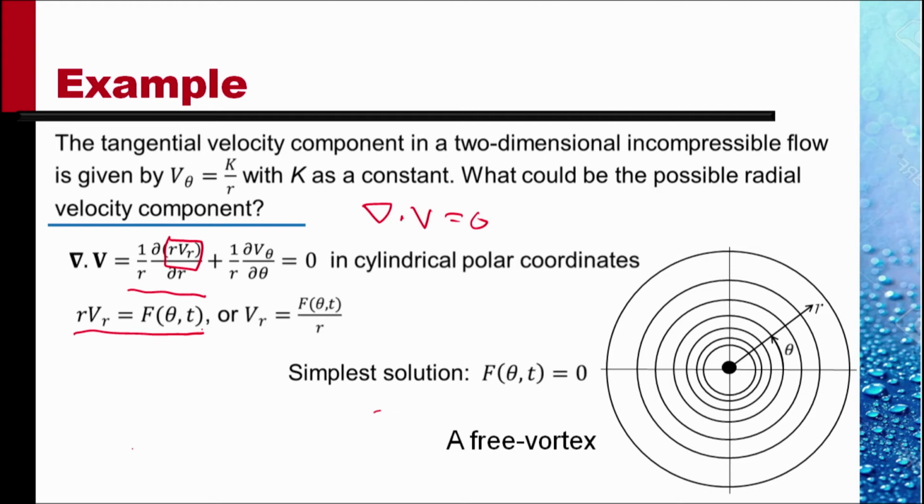So the velocity near the origin is very large, and the velocity dies out as 1 over r as r increases. This is known as a free vortex in fluid mechanics. We will have occasion to use this free vortex extensively in later calculations.